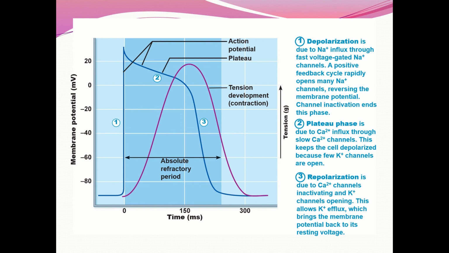So this keeps the cell depolarized because a few potassium channels are open. And then in step 3, repolarization is due to calcium channels becoming inactivated and a lot of potassium channels opening. This will allow for potassium ion efflux, or the exit of potassium ions from the heart cell, which will bring the membrane potential back to its resting voltage.